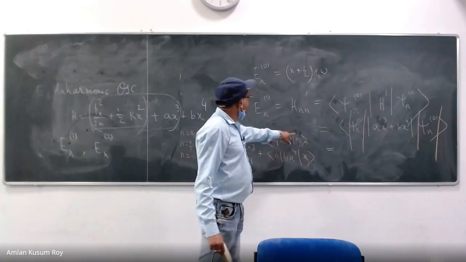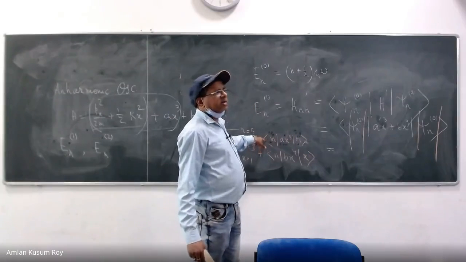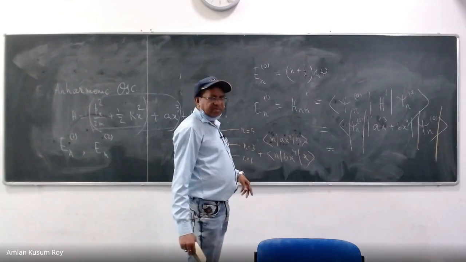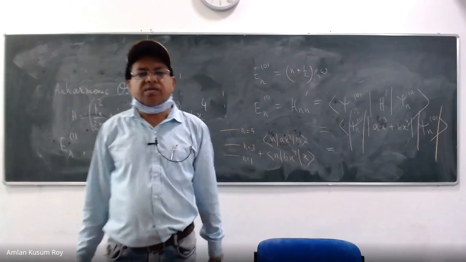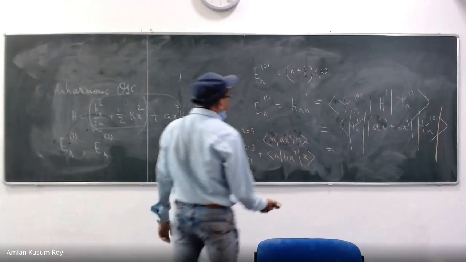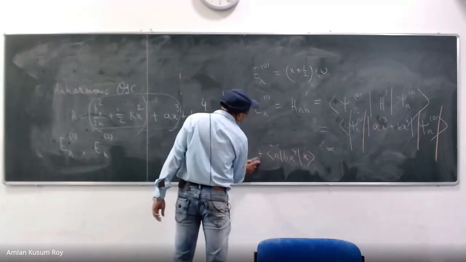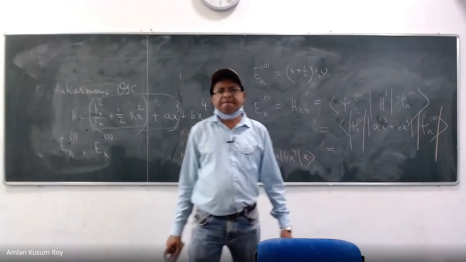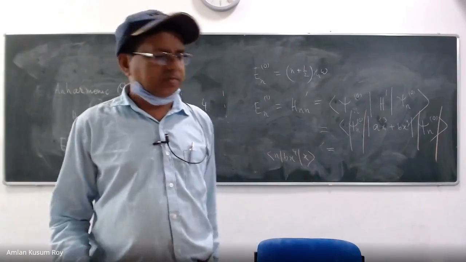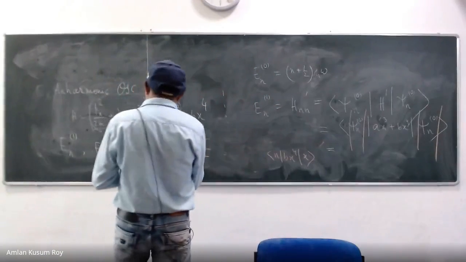So the product of these two functions is always an even function, irrespective of the state you are considering, right? But this one is always making it an odd function overall. So that means this integration contributes nothing. So all your job is about this integration. Is that clear, Rohan? Is that clear?